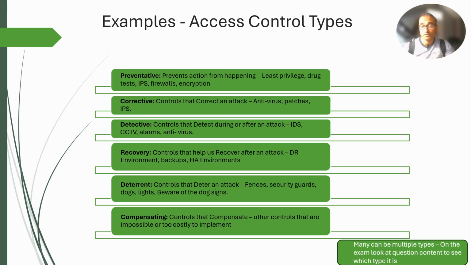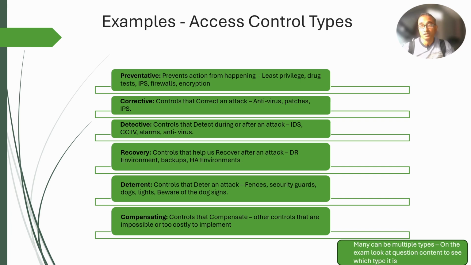Then there is the detective, which is more related to monitoring in order to see what's going on, for example, in and around your office. Recovery is something needed when there is a system failure and you need to bring your system up to date. So, for example, it could be a backup failure, it could be an air conditioner failure in your data center.